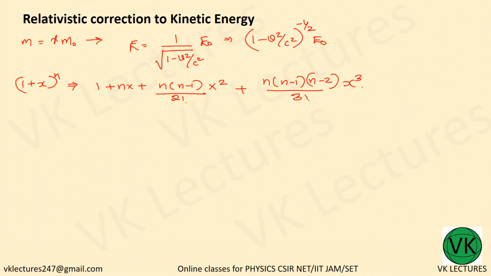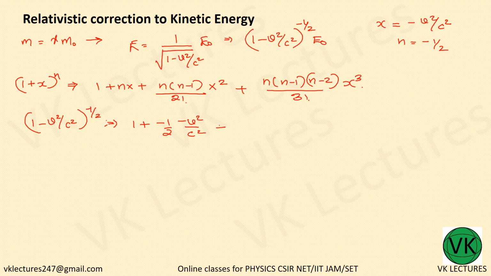So we have here (1 minus v square divided by c square) to the power minus 1 by 2. Let us write what x is. x is equal to minus v square divided by c square, and n is equal to minus half. Please write these two things down somewhere. Then start writing: 1 plus n, which is minus half, times x, which is minus v square divided by c square.